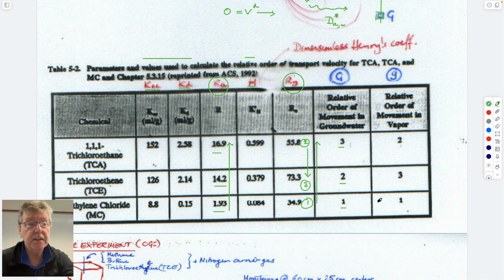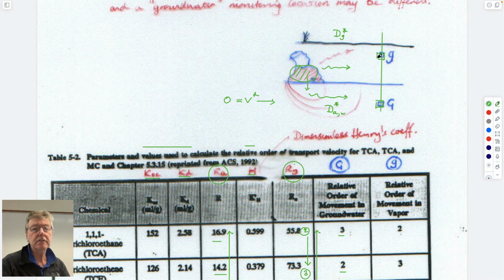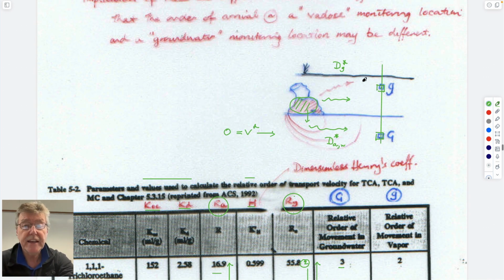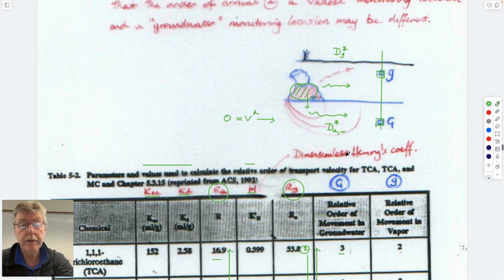And it's different in the 2 different wells. So a perplexing situation perhaps that you might not expect, but I guess it's driven by the fact that there's a free parameter in here, which is the Henry's law coefficient, which doesn't appear in here, and it changes the magnitudes of the retardation coefficient, and therefore the order of arrival. Okay?